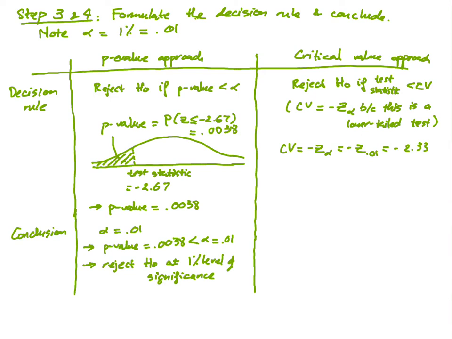What's going to be my conclusion in this case? My test statistic is negative 2.67, which is less than my critical value of negative 2.33. And so my conclusion is that I reject the null at 1% level of significance.